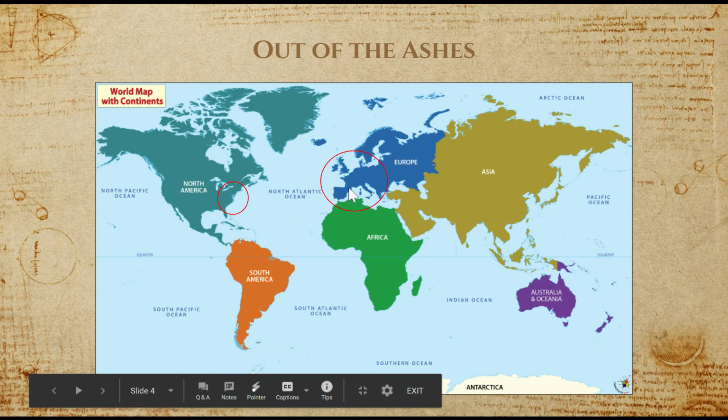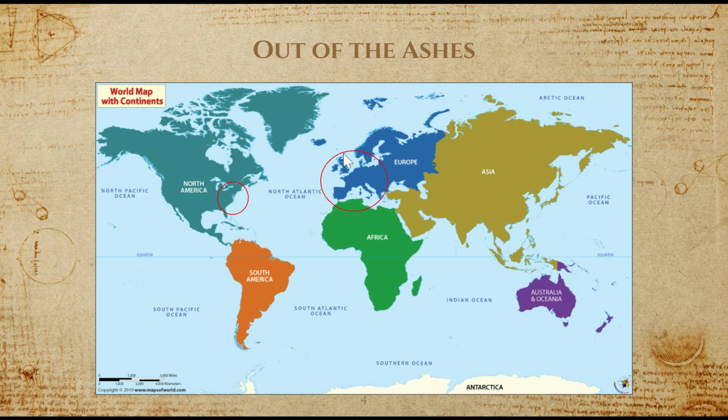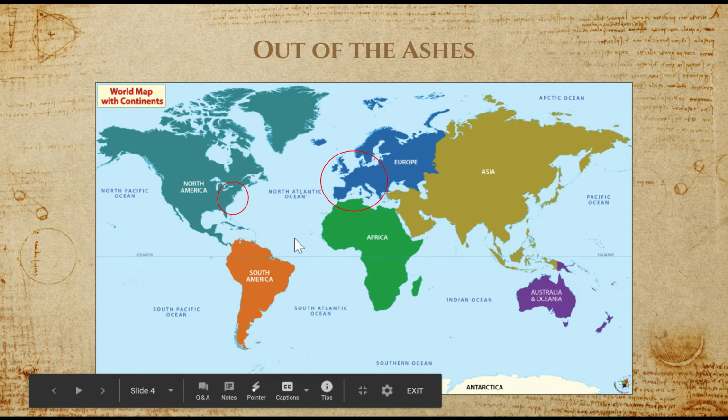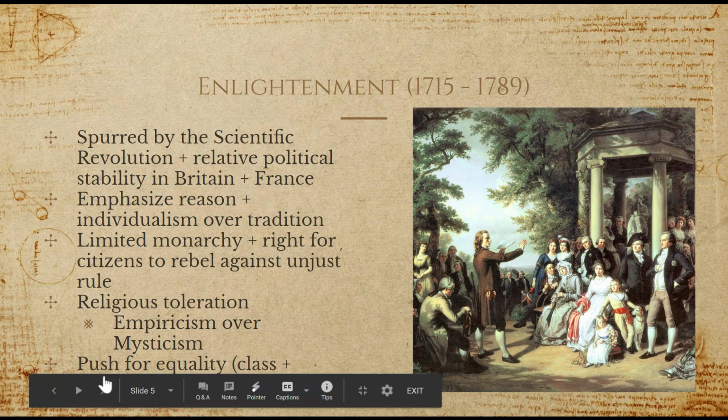So here's the area where the Enlightenment and the medical revolution occur. I should probably expand this circle out more. But just know that this is mainly going to start as a Western phenomenon, but it's going to go outwards.